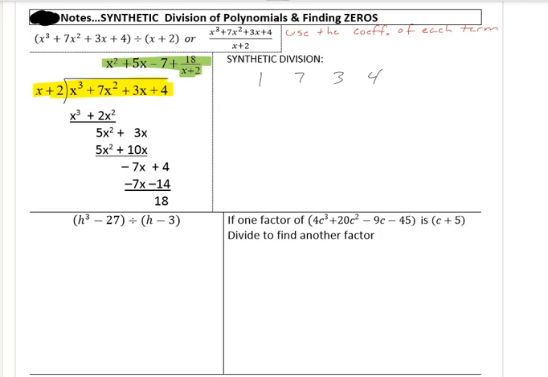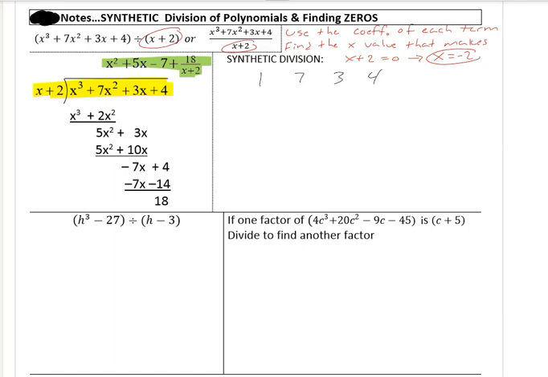Next, we need to find the x value that makes this piece, x plus 2, equal to 0. And it's a one-step equation, so you just subtract, so you get that x equals negative 2. So this is the number I'm going to use for synthetic division.